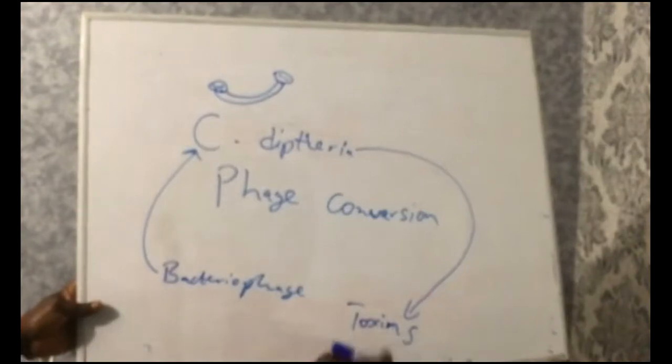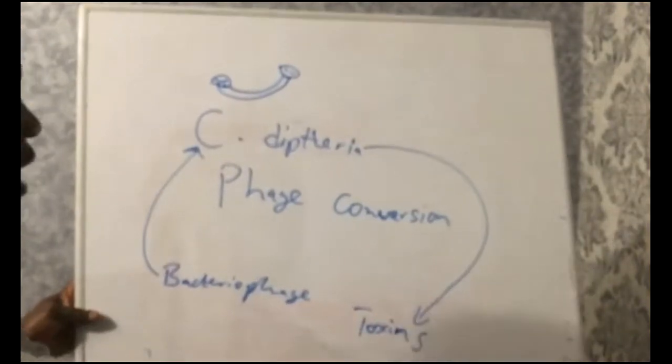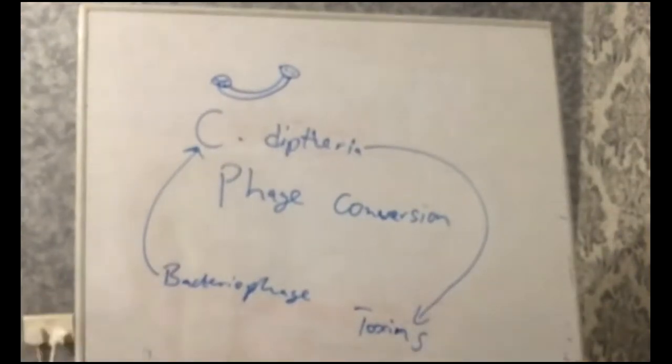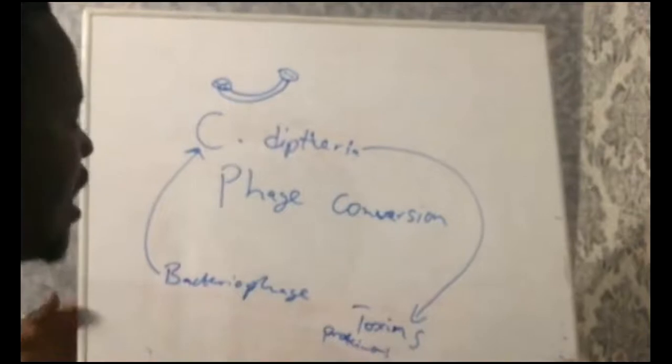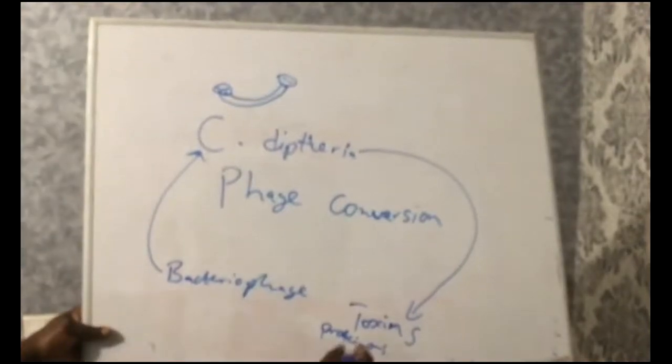So it is this toxin that will start destroying the mucous membranes and stuff like that. So these toxins here can be proteinous in nature, okay? And once they are proteinous in nature, it means that they can stimulate the production of what? Antibodies.